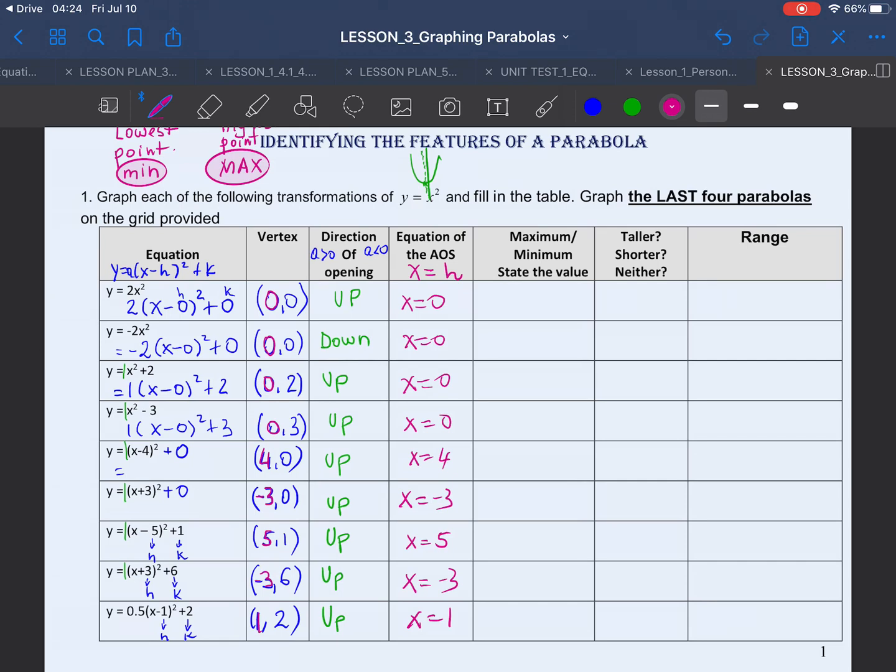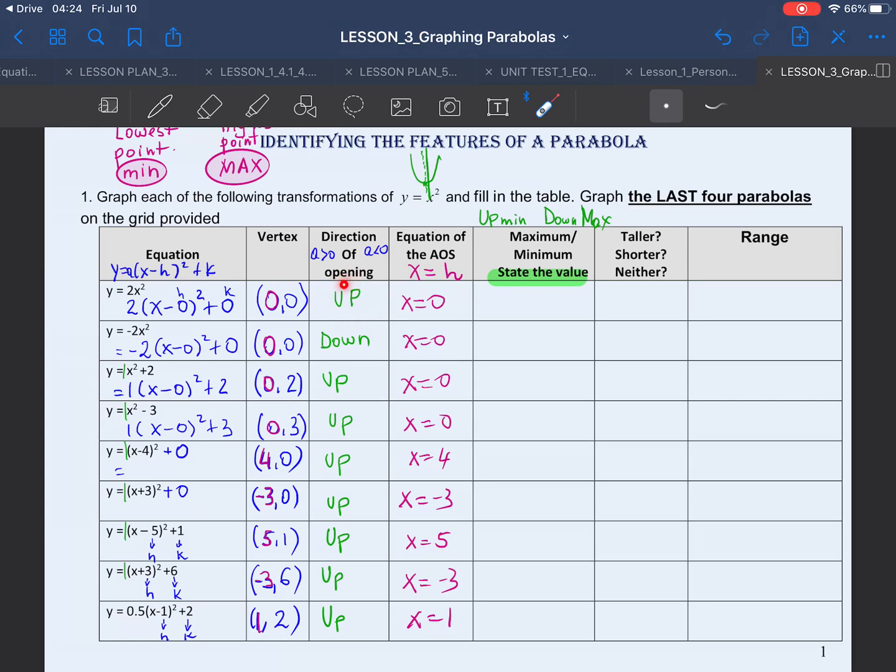Now, we have to decide, does the relation have a minimum or a maximum value? And then we also have to state the value of it as well. That must be related to whether the parabola opens up or down. So if it opens up, it has a minimum. Down, maximum. So I'm going to make a note in here: up, min; down, max.